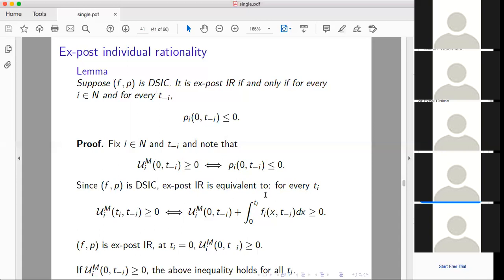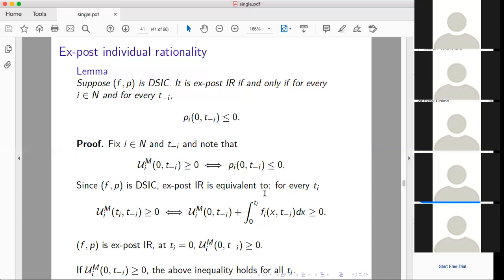We know that for every t_i, u_i(t_i, t_-i) is equal to u_i(0, t_-i) plus this particular term. But this condition implies that u_i(0, t_-i) is greater than or equal to 0, right? Because if pi_i(0, t_-i) is less than or equal to 0, then this has to be greater than or equal to 0.